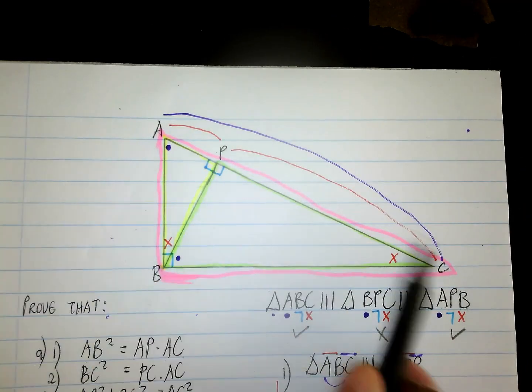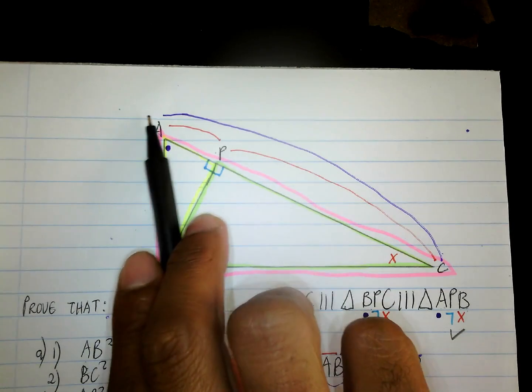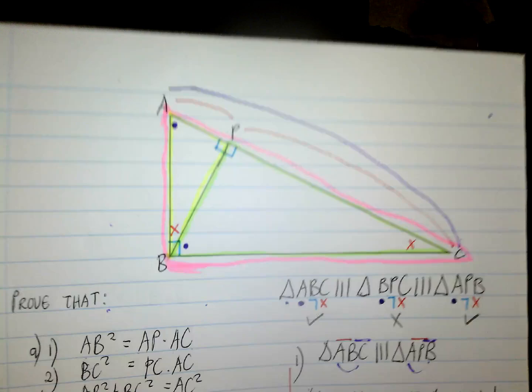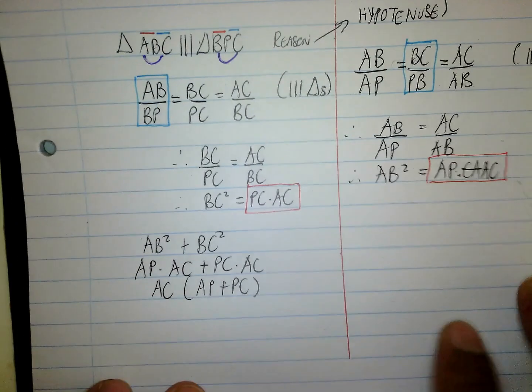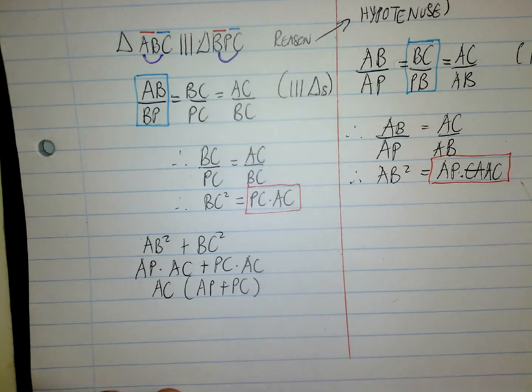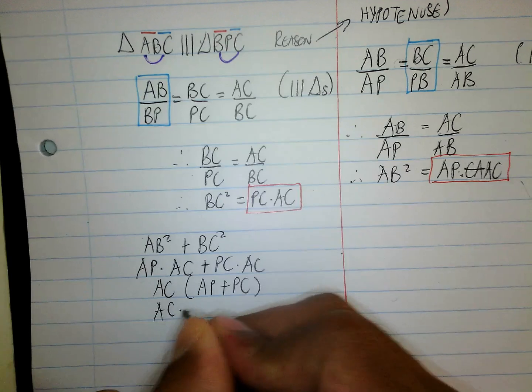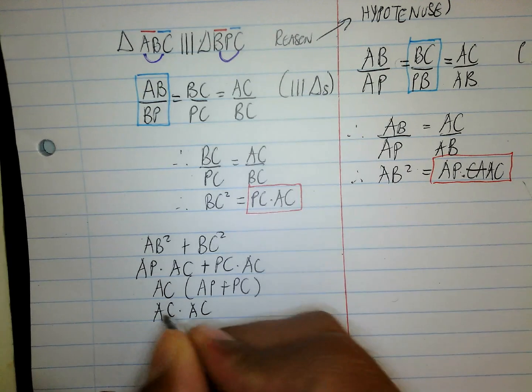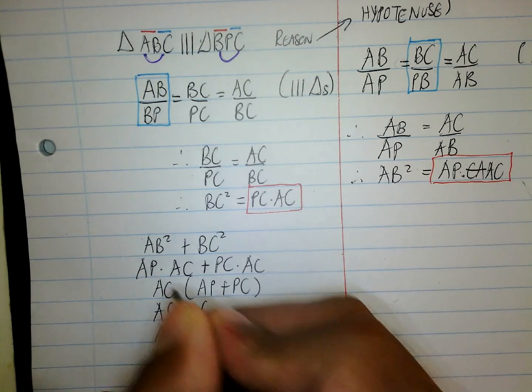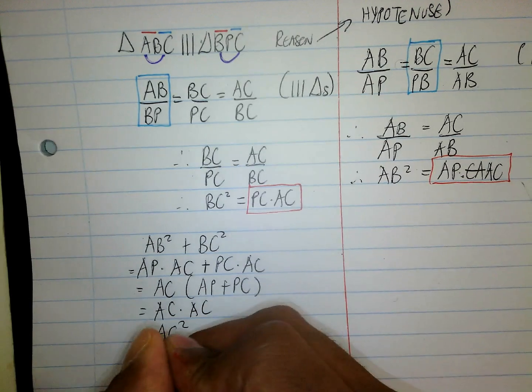So AP plus PC is equal to AC, and so we get AC times AC, which is equal to AC squared. So we have proven that AB squared plus BC squared is equal to AC squared.